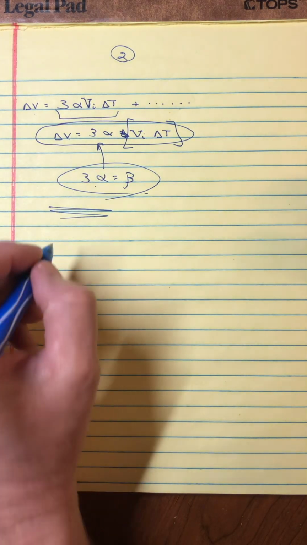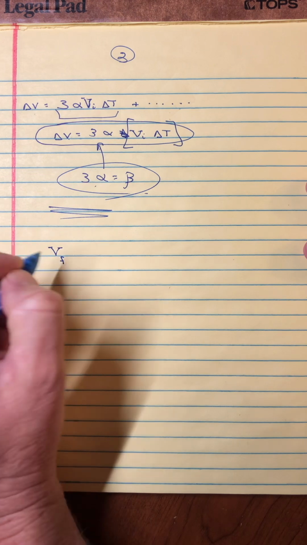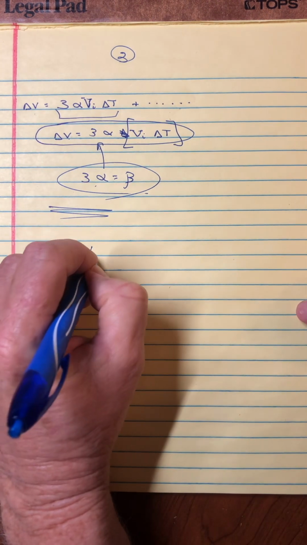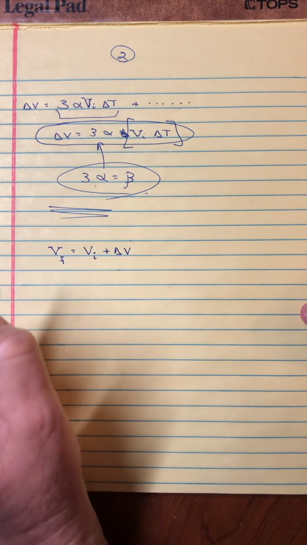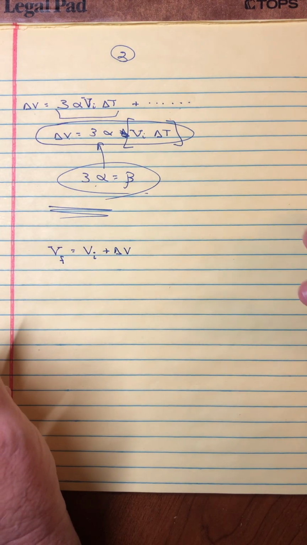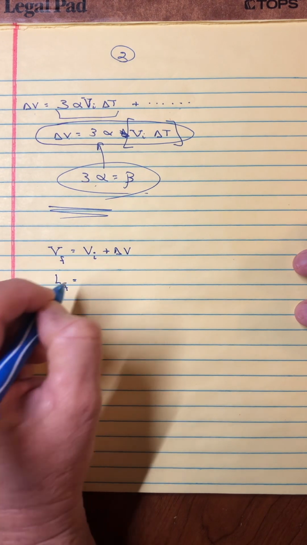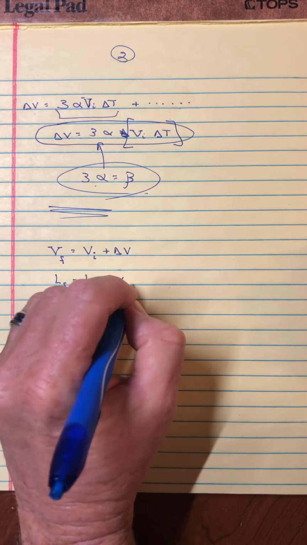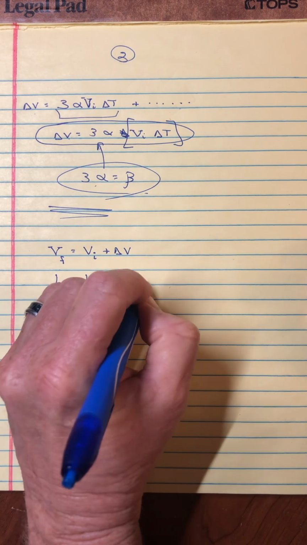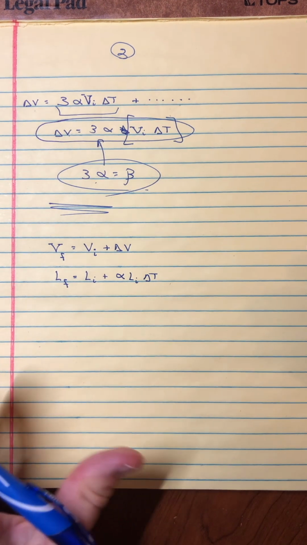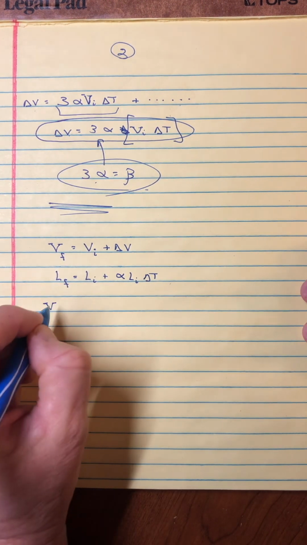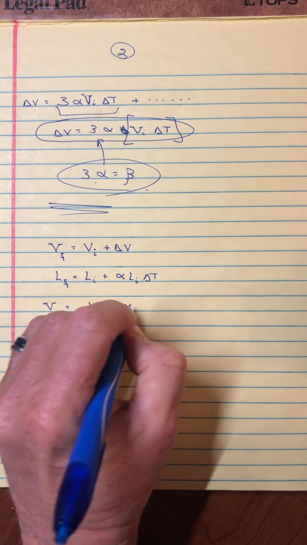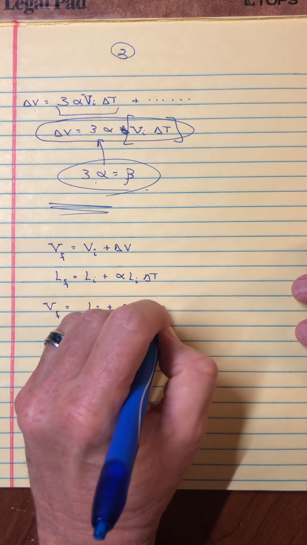So you might say the new volume, we'll call it V final, is equal to the original volume plus the delta V. And the length, and here I'll talk about the width of the cube, is the original plus alpha times the original length times delta T. And so you could write the final volume as the initial volume plus alpha initial length delta T, cubed.